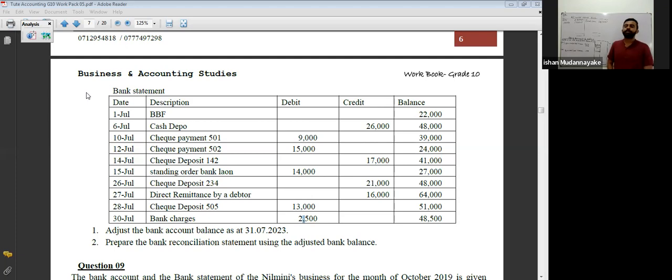Yes, bank charges debit. Bank account credit, bank charges account debit. Okay, right. Cash outflow, therefore adjusted bank account credit.